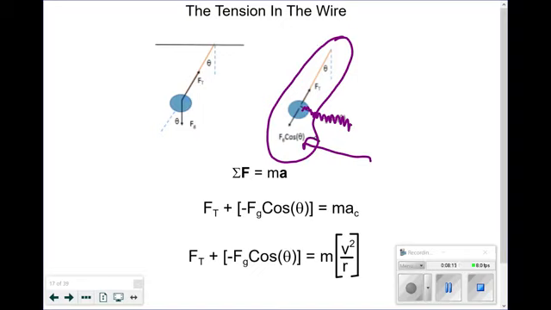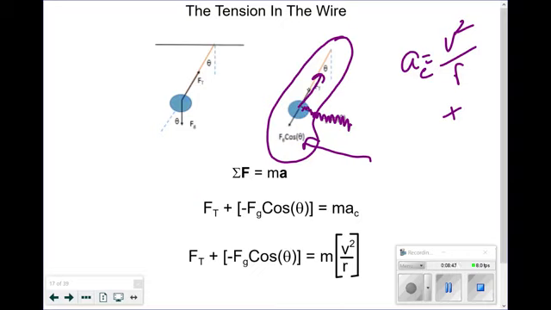Now, if you remember, when we're dealing with centripetal motion, there's nothing about centripetal acceleration that can be negative, because any value squared is positive, and radius is always positive. So a_c must always be a positive value, which means this must always be a positive value. I cannot control that. This means any force that points into the circle, anything that goes in the same direction as the tension, has got to be positive.